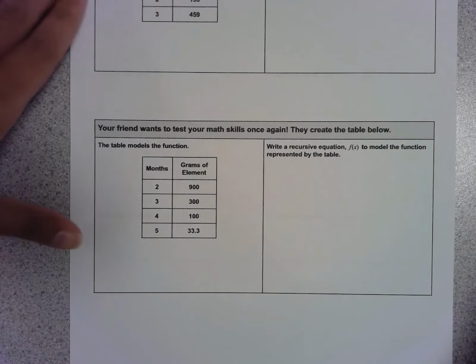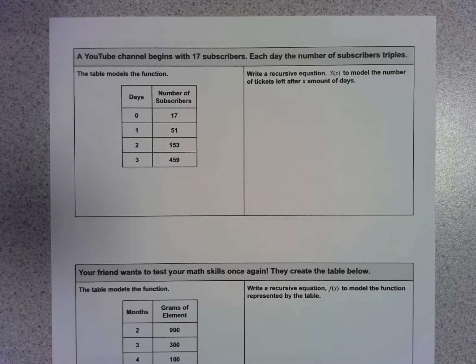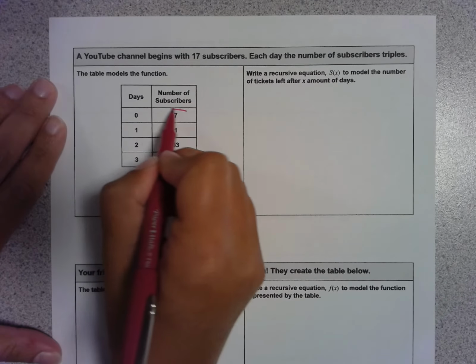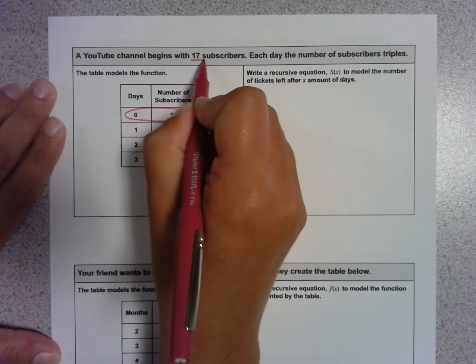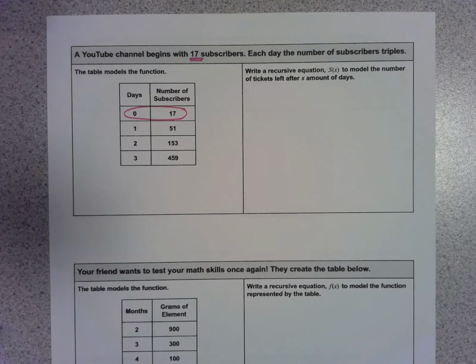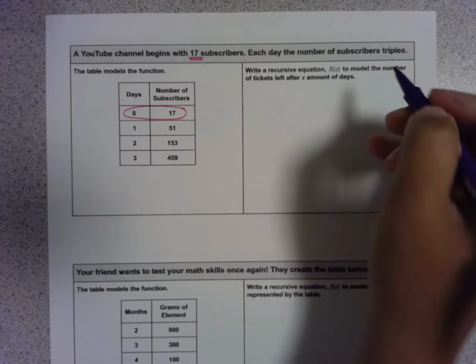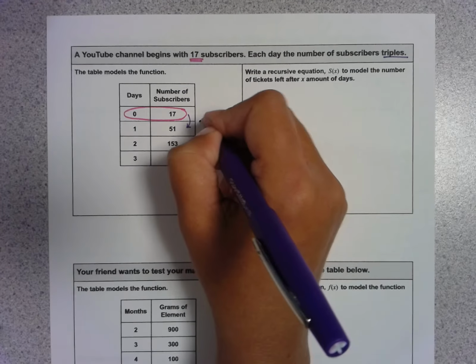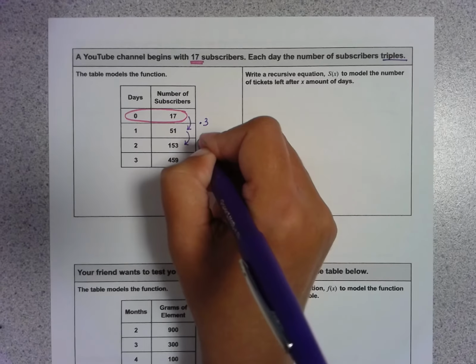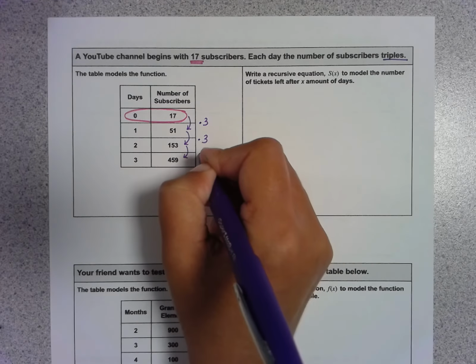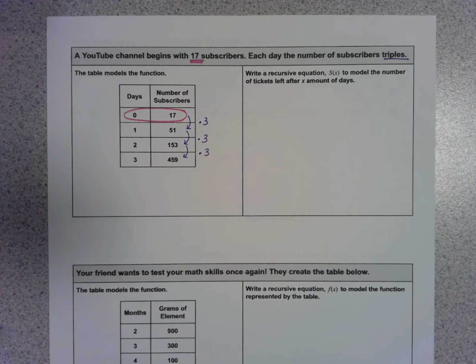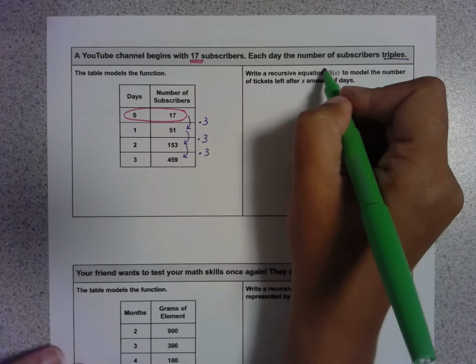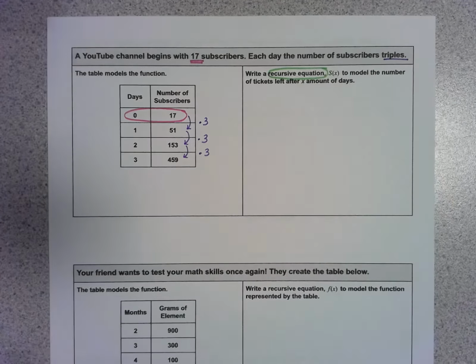Let's try another one. Your YouTube channel begins with 17 subscribers, and each day the number of subscribers triples. So begins with 17 subscribers. We can see that in the table where the first row has an output value of 17, and each day the number of subscribers triples, which we can see in the table by looking at the pattern here is that we're multiplying by 3. So if I want to write a recursive equation, that means reuse the previous term.